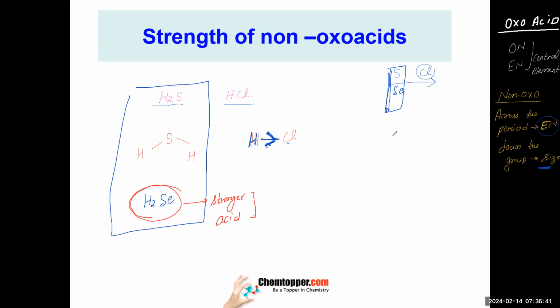Now, what's the reason? The reason is as you move down the group, size increases. See, down the group, size is the factor. And now this hydrogen, which is bonded with a small atom, there's hydrogen here also. Now the bond length, when I draw it in the form of this line, bonds like this is sulfur and this is selenium.